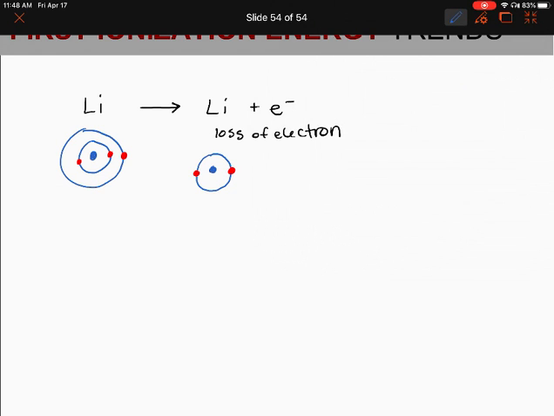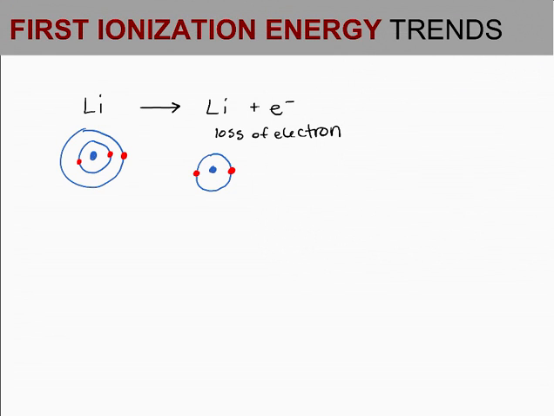So originally, lithium had 3 protons and 3 electrons. But once it loses an electron, it still has 3 protons, but only 2 electrons. So now if we add that together, so we have 3 positive charges and 2 negative charges.